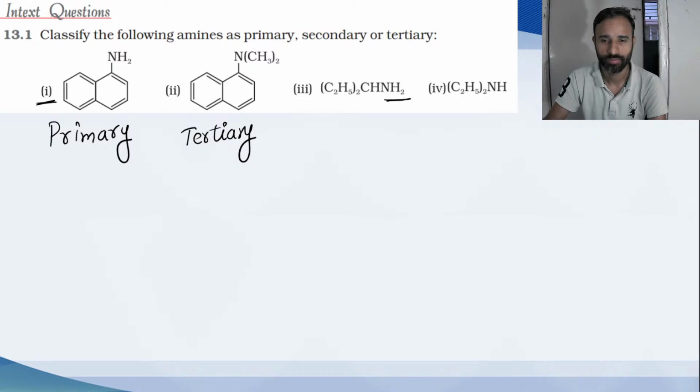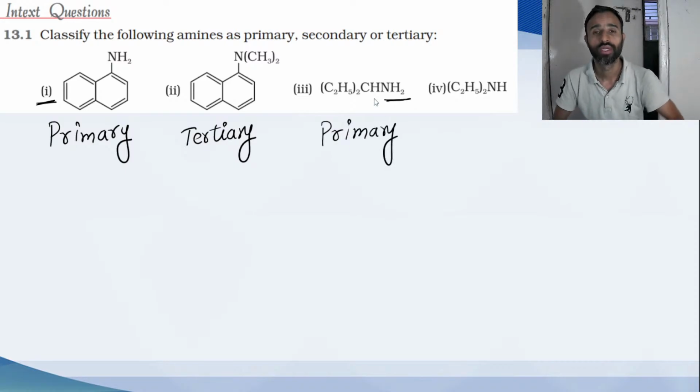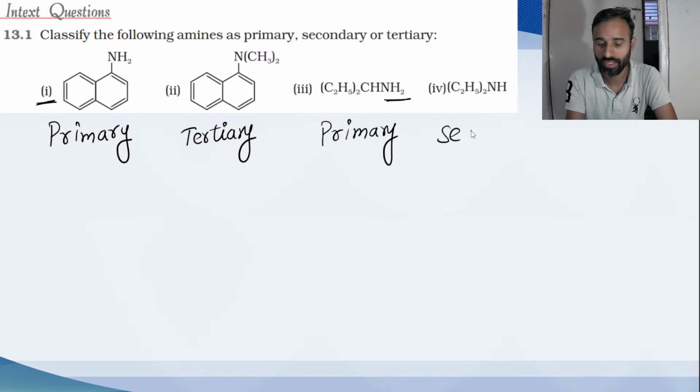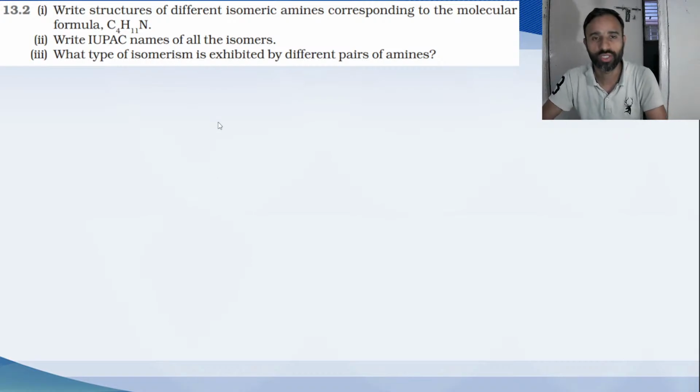Second is tertiary, and third one is again primary, because in the nitrogen of ammonia only one hydrogen is replaced, and fourth one is secondary. Primary, tertiary, primary, secondary.